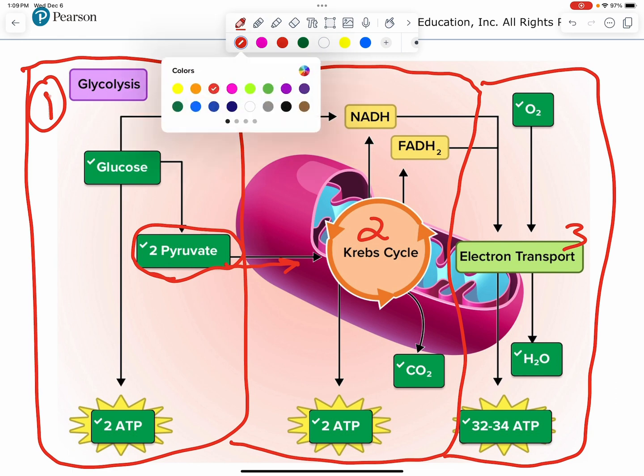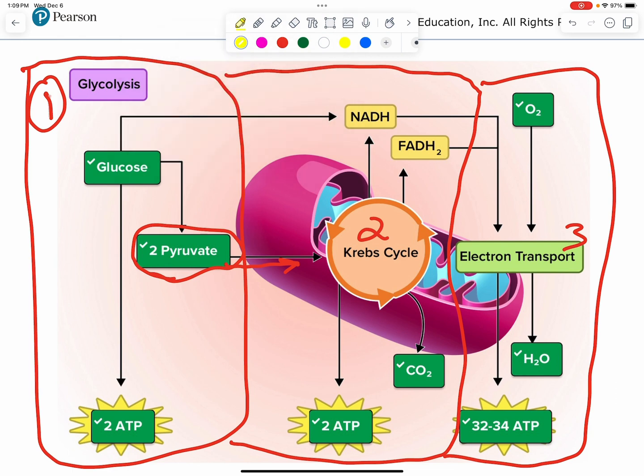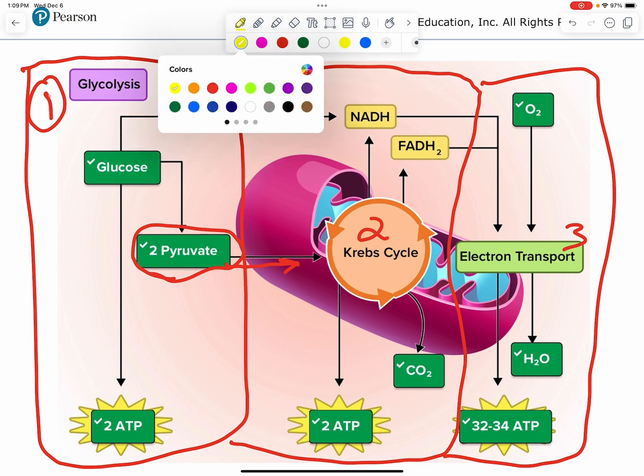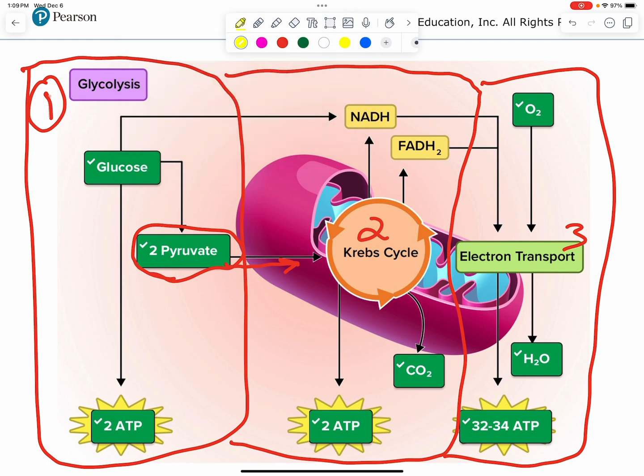If you look, you can see that there is a train track at the very top right here, and it is showing it going in this direction. So there are going to be electrons that flow from glucose and then make their way also to step number 3.